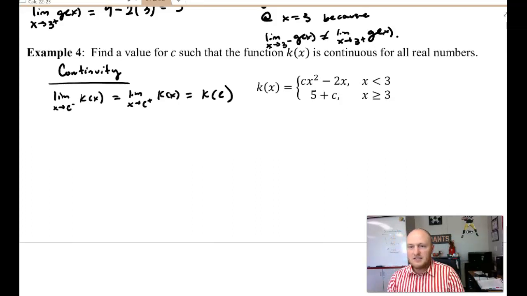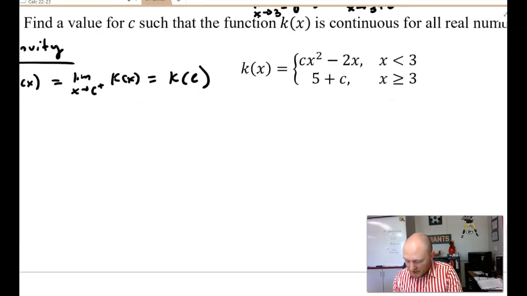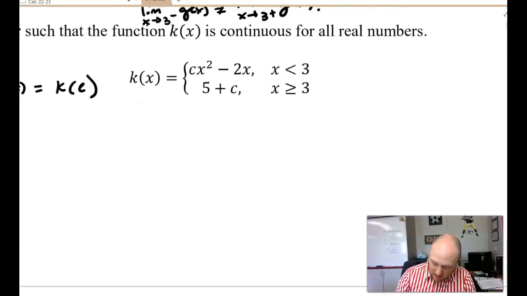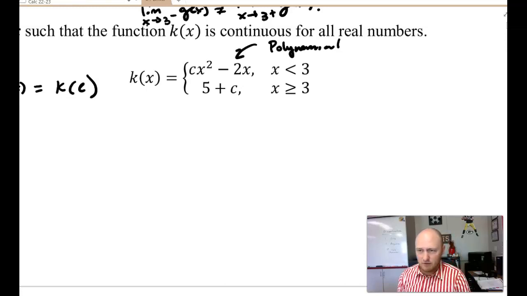Now they say find a c value such that k of x is continuous for all real numbers, so I want to go ahead and inspect. Just looking at this top piece here, this is a polynomial. This is going to be continuous everywhere, and so is the bottom piece.